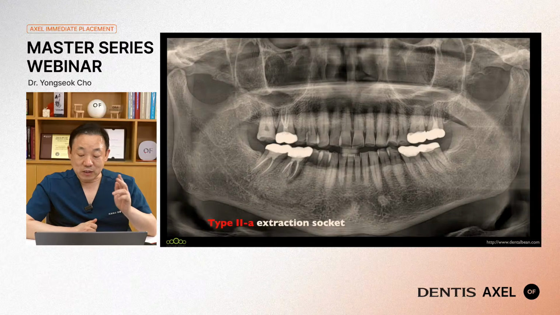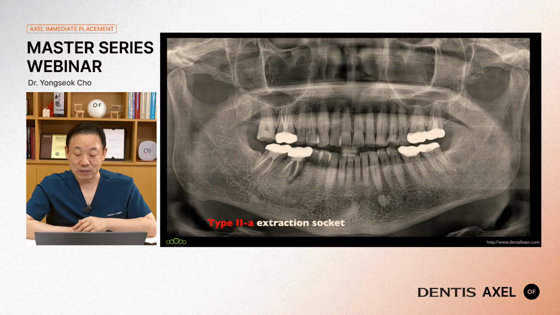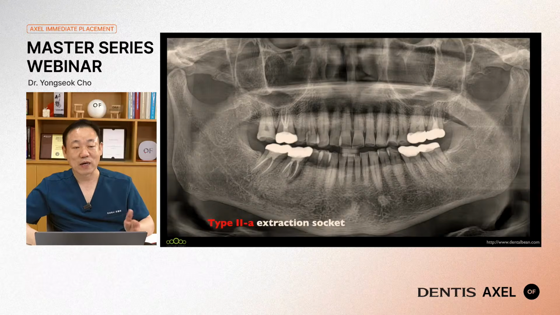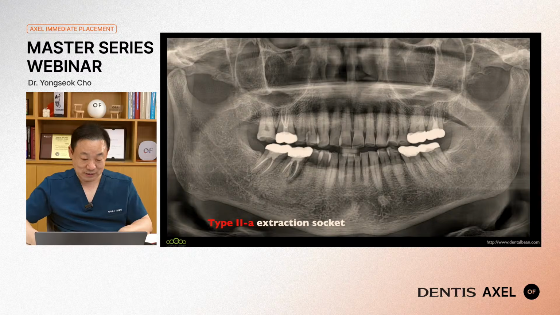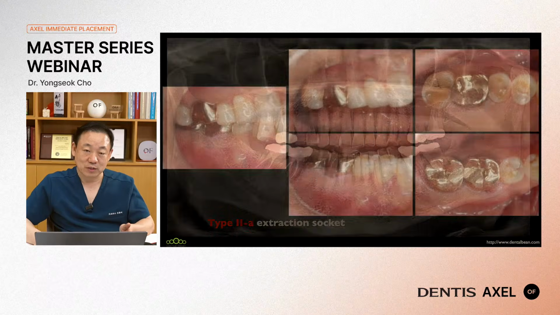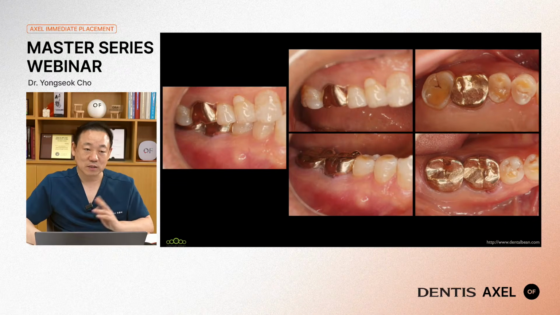However, immediate placement is not particularly risky because sufficient residual bone remains apically. So I can do an immediate implant, even though this is a type 2 case. In the right mandibular first molar, it shows 3 roots, so you must take care to extract the roots.